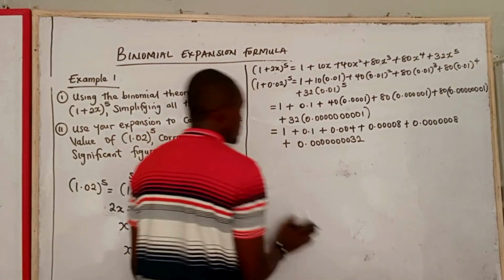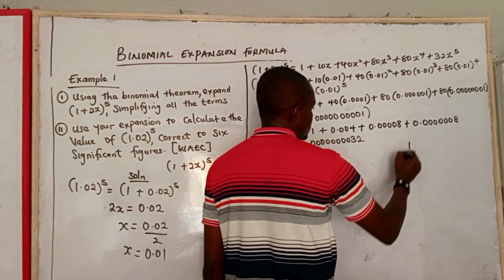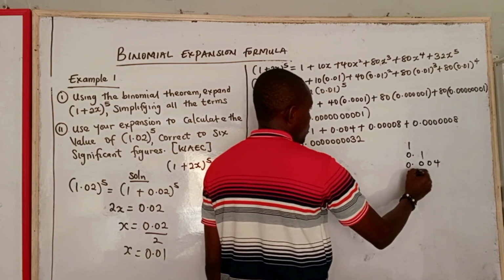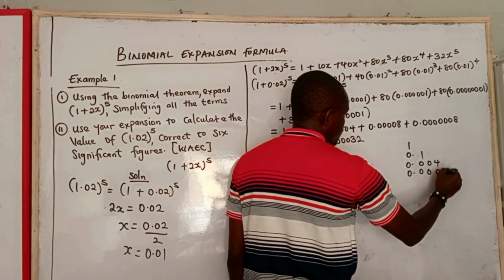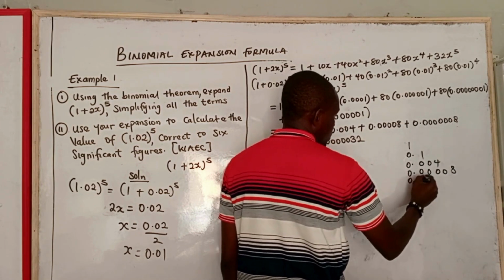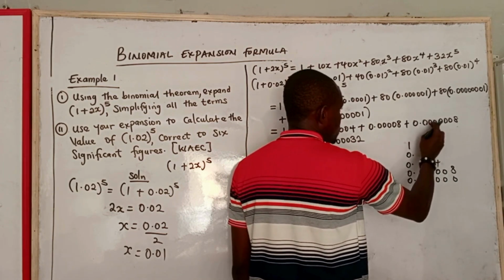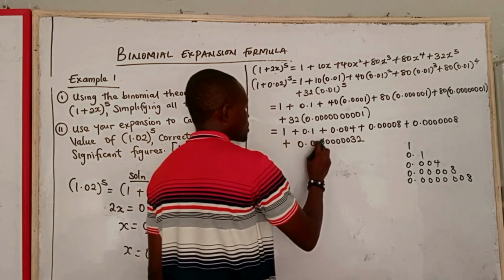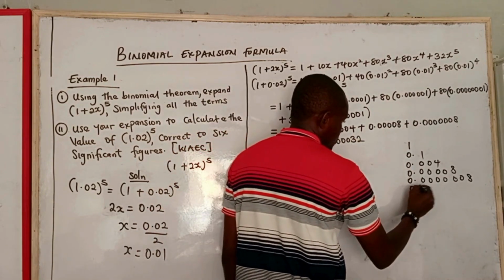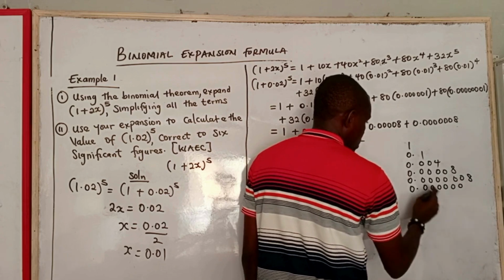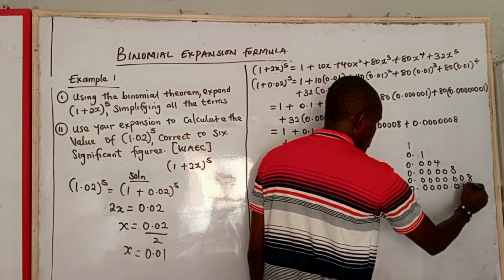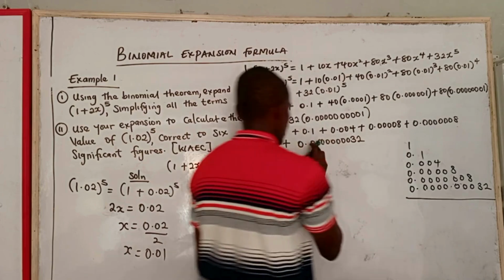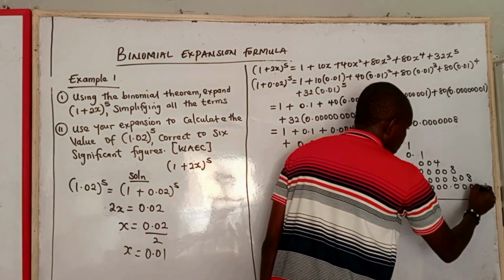From here, we now have to add all these numbers. We have 1, then 0.1, then 0.004, then 0.00008, and the smaller terms, then 0.0000000032.